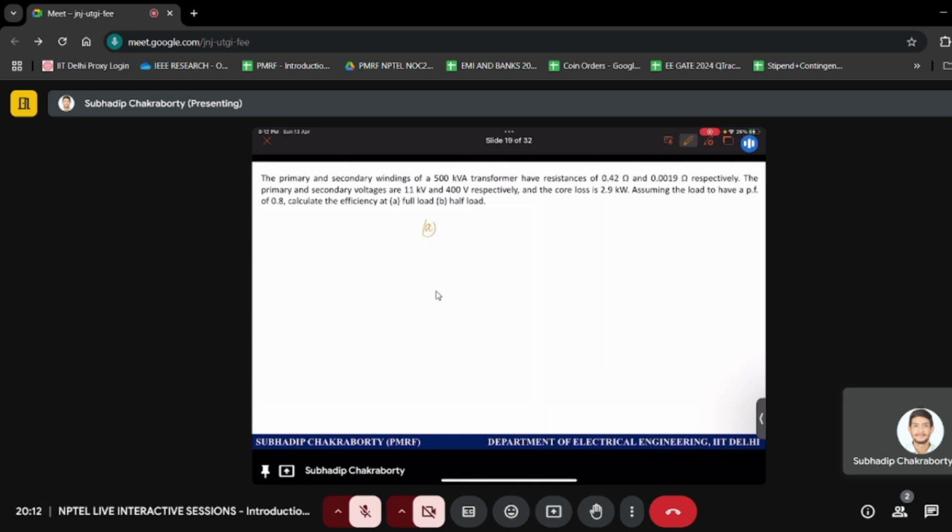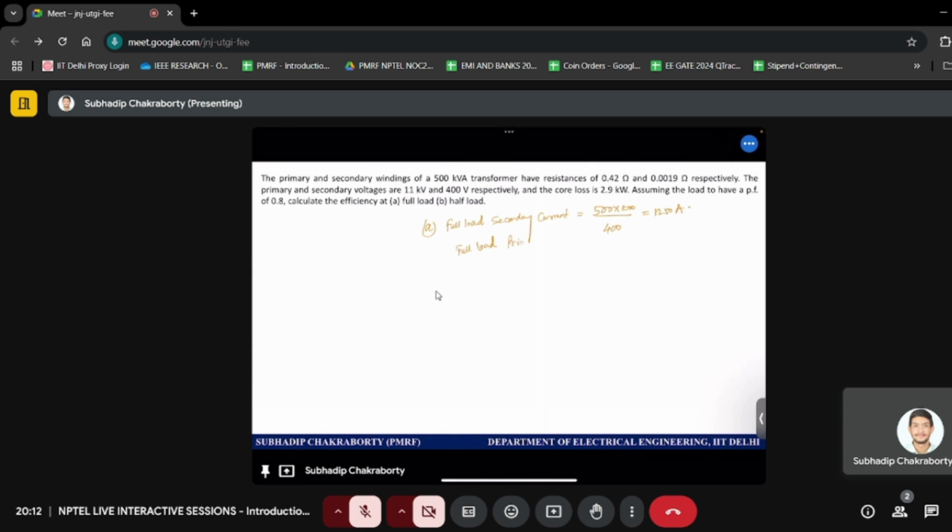So what is the full load secondary current? It is a 500 kVA transformer and 400 volts on the secondary, so you get the full load current, right? But I also need the full load primary current. You plug in the primary voltage.